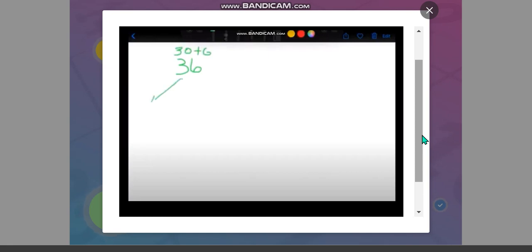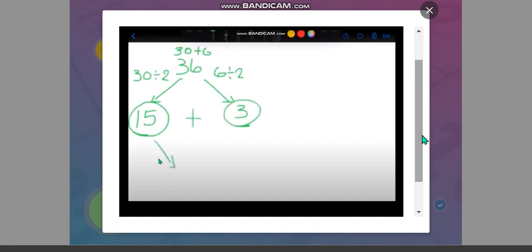Now what is half of 30? So half of 30, or 30 divided by 2, is equal to 15. Again, when we double 15, that would be 30. Now 1's place value, 6 divided by 2 is equal to 3. Again, double the 3 is 6. Now 15 plus 3, that would be 18.